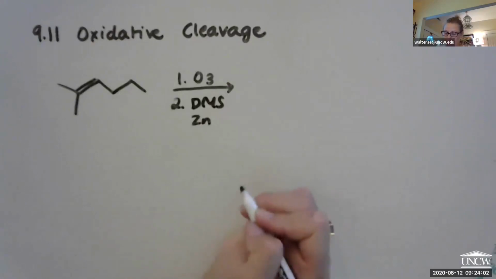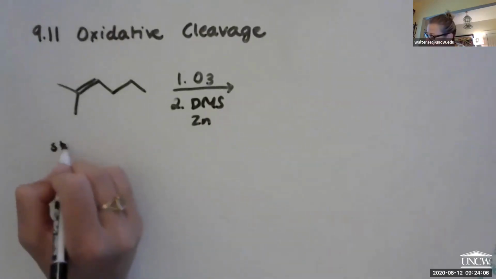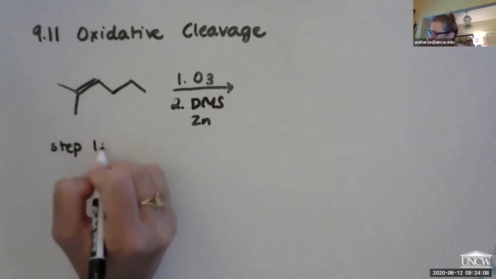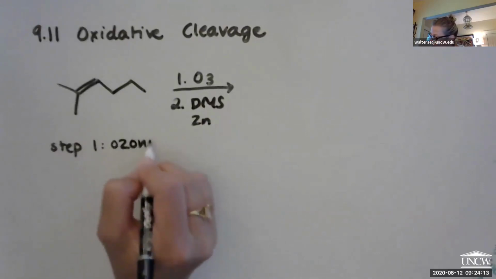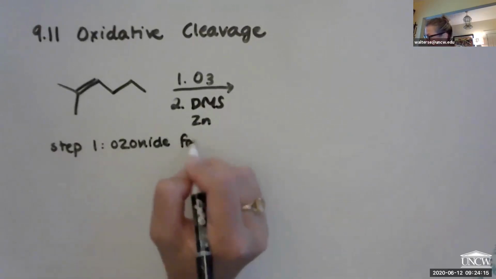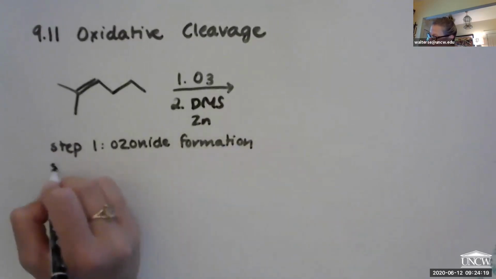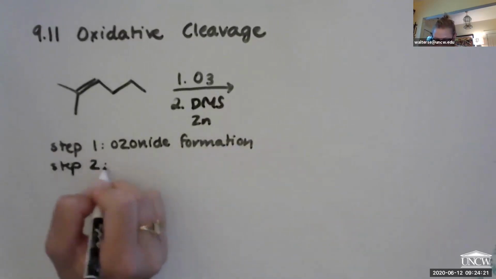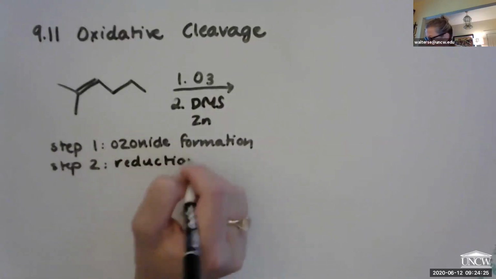Okay. And so this is a two-step reaction, but we're not going to go through all the details. Step one makes what's called an ozonide. And then step two is a reducing agent or a reduction.